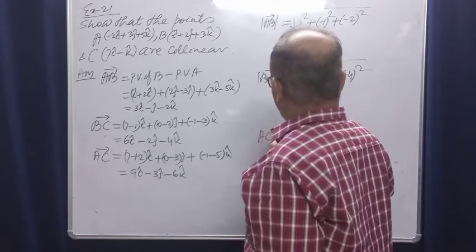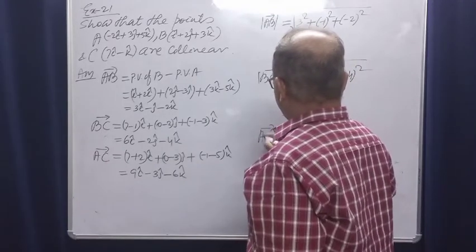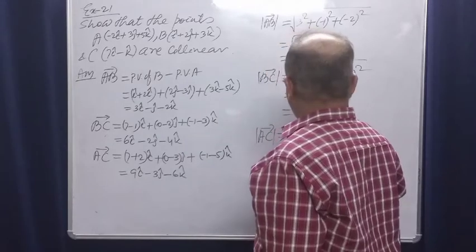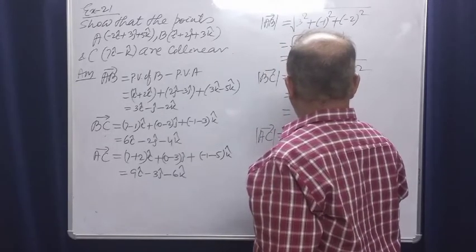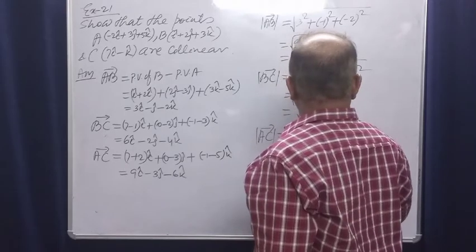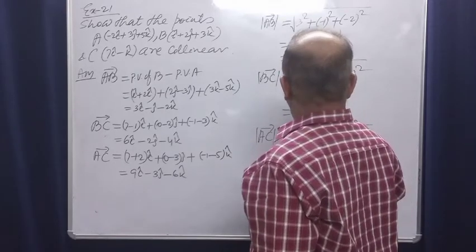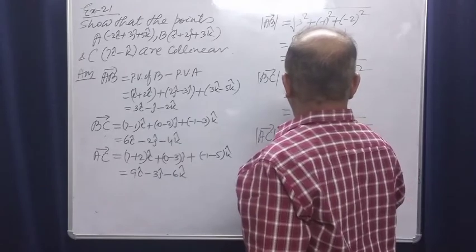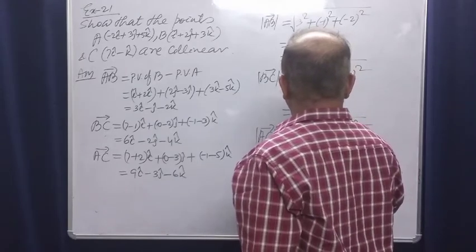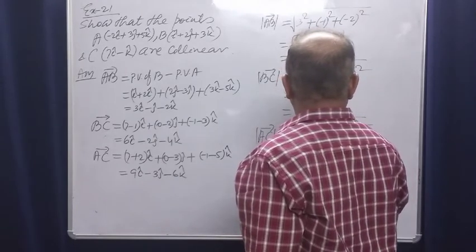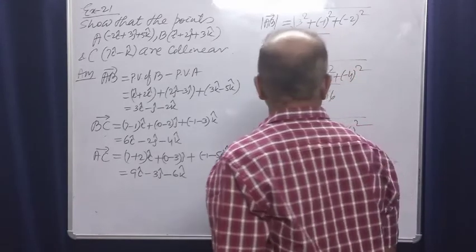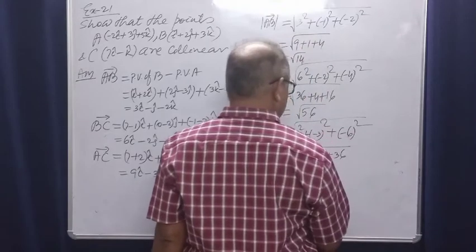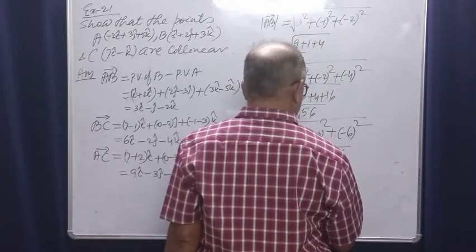Then AC vector. Magnitude of AC vector is 9 square plus minus 3 square plus minus 6 square. So this is equal to square root of 81 plus 9 plus 36, which is 126.